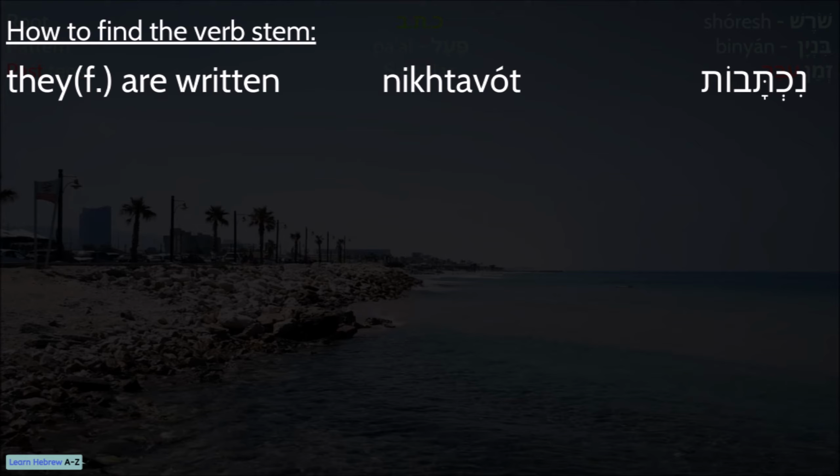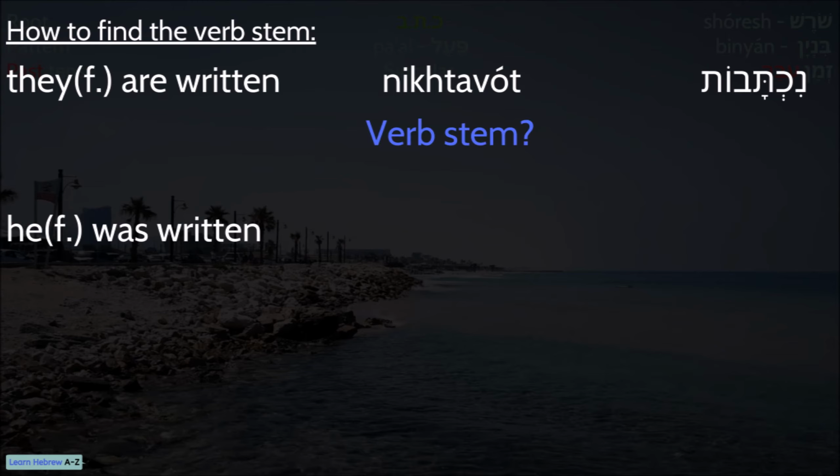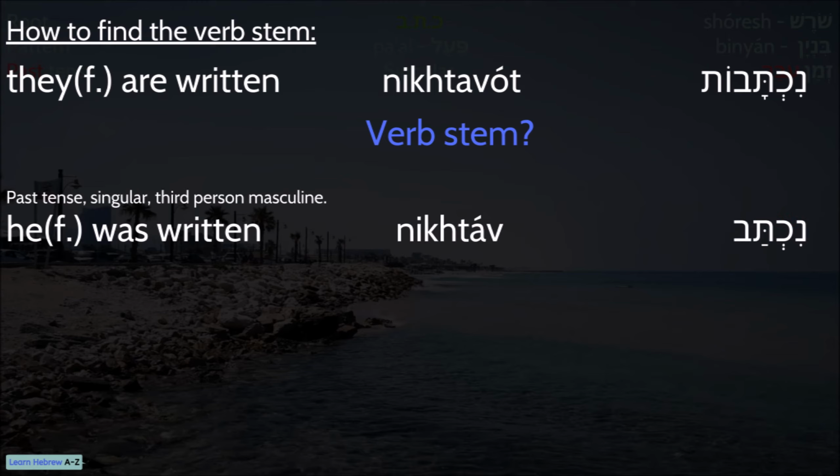Its meaning is are written, as in they are written. We now want to recognize the stem using the method above. Let's conjugate the word to the third person singular masculine in the past tense, and we get נכתב. This sounds very much like the verb stem נפעל.